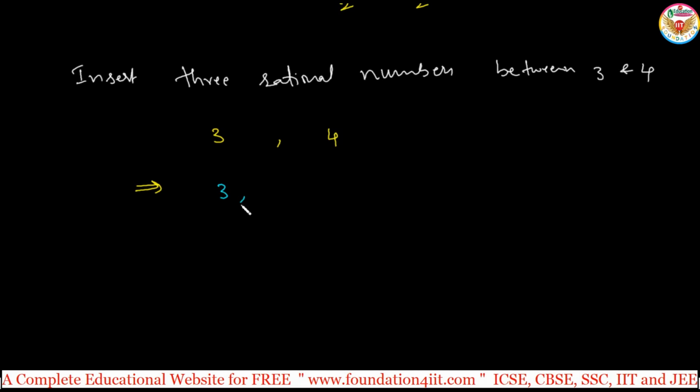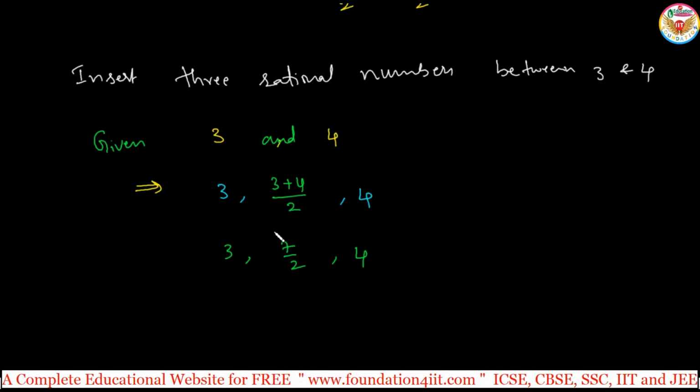In between 3 and 4, that is 3 plus 4 divided by 2. So 3 plus 4 is 7, by 2.